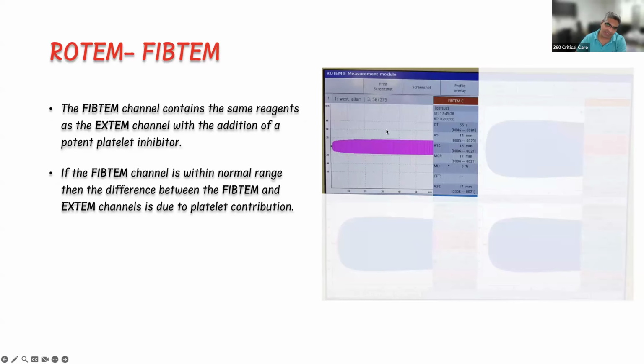So if the patient has a normal fibrinogen and an abnormal platelet, then your EXTEM channel will be abnormal. If the patient has normal platelet but abnormal fibrinogen, then both EXTEM and FIBTEM channels will be abnormal, because this channel looks at only fibrinogen and this channel looks at both fibrinogen and platelet. All right.